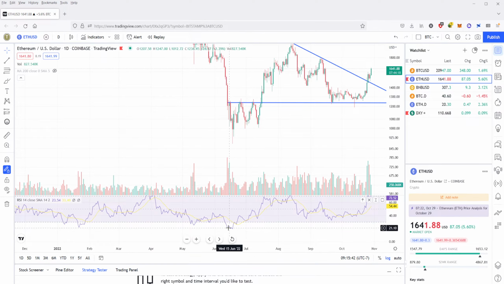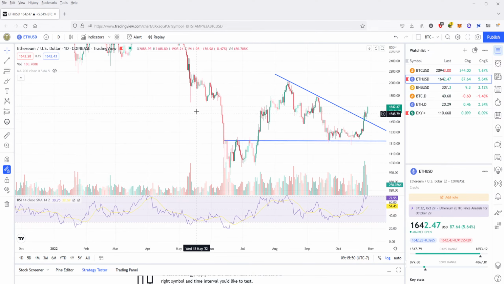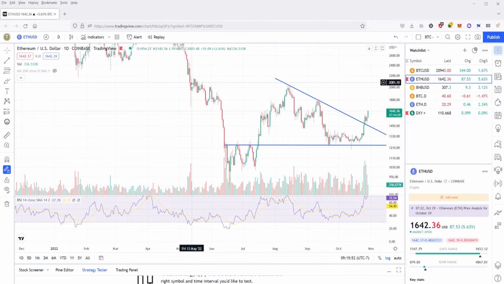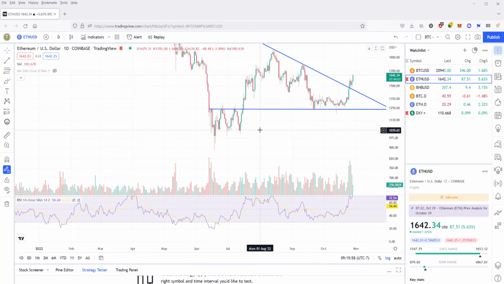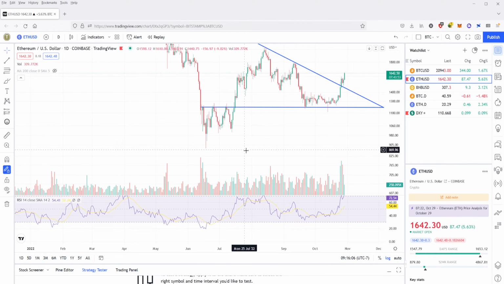Just because something's saying it's oversold, like back here in May, and you see that it's 25, and you think, okay, this is definitely the bottom, right? It's not exactly the bottom, because it came down here and slipped below that level, and then it kept falling after that. There was a big dump after that point. So just because it's at, say, 25, isn't a guarantee that it's done selling, especially if you're in a bear market and a downslide.